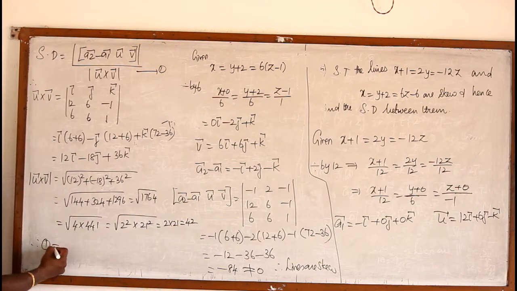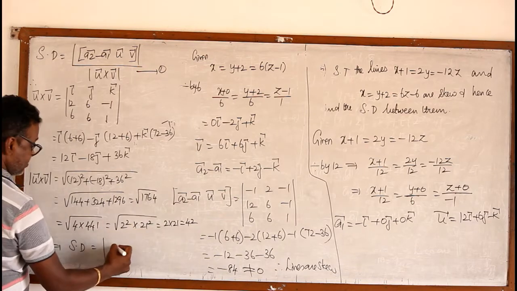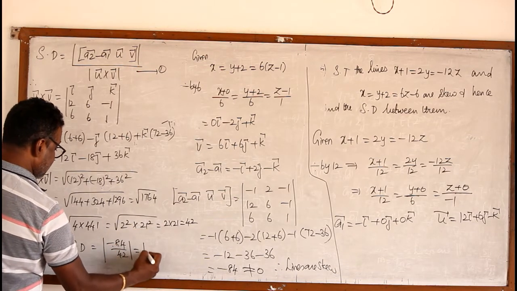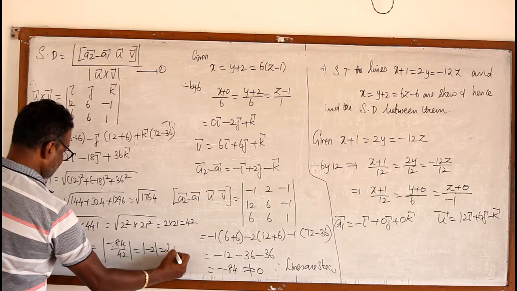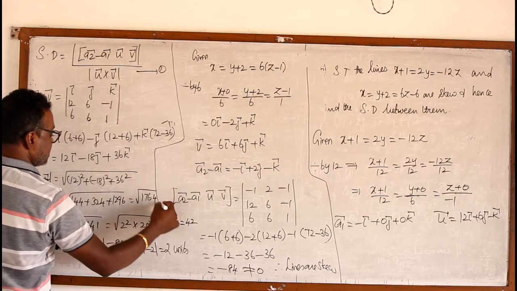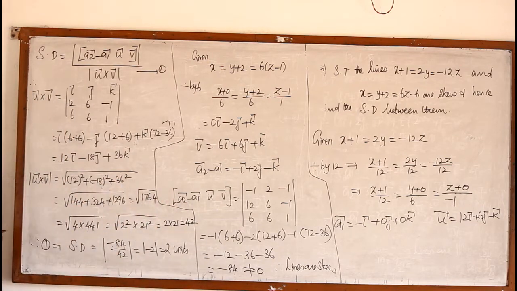Therefore, the shortest distance is the modulus of minus 84 by 42. It is the modulus of minus 2, so it is 2 units. So this is the shortest distance between these two lines.